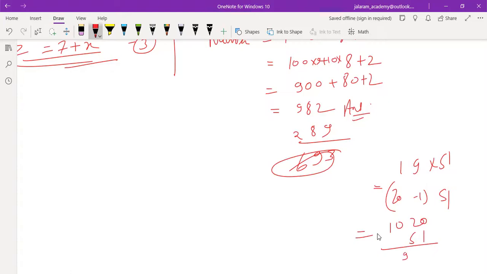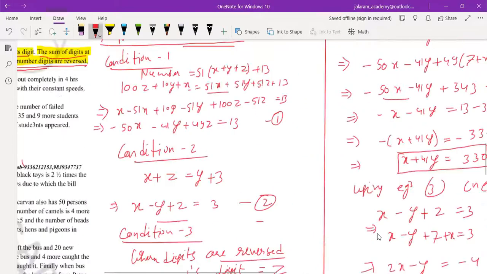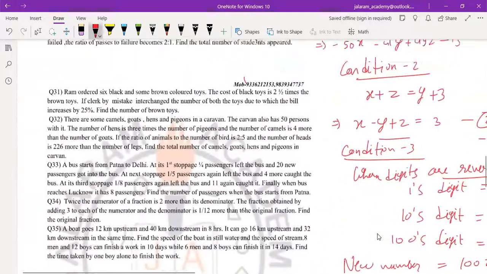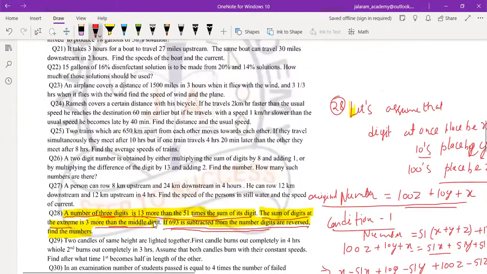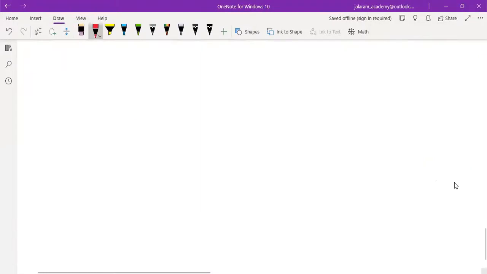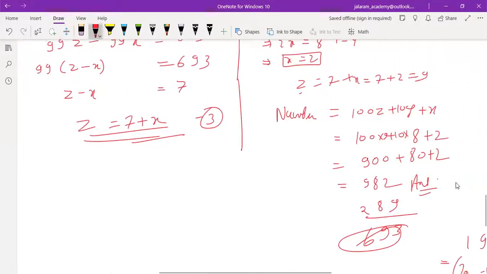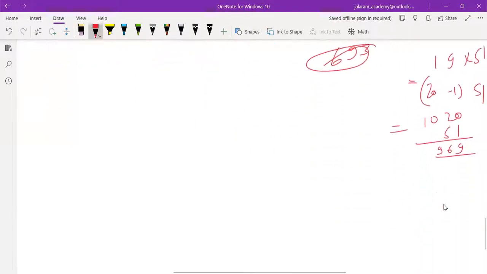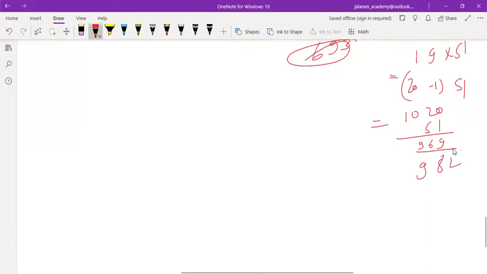That is 969. And on the other side, it is written that it is 13 more. So add 13 also. So it is 982.